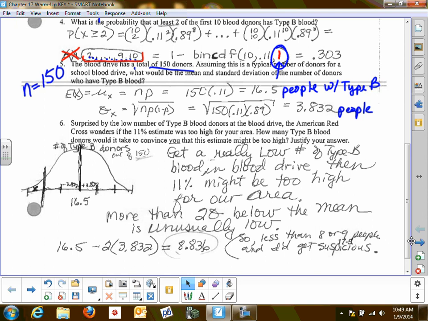When 150 people come into the Aledo blood drive, according to the American Red Cross, we should get about 16 and a half of them having type B blood with this much variation. So this kind of gives us a guideline of what we expect whenever 150 people come to the Aledo blood drive. So, I draw this for you.